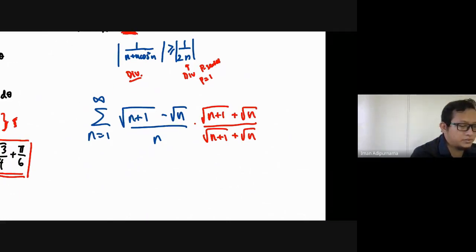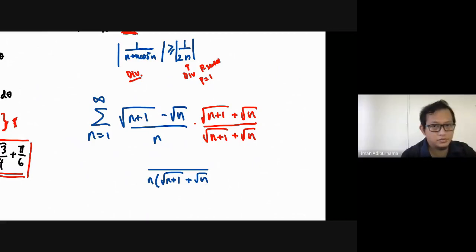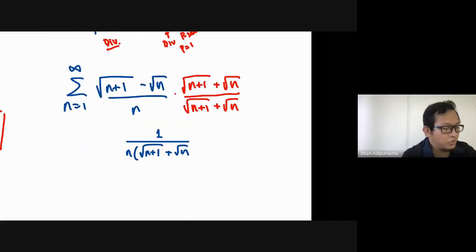When we do this, we get rid of the square root on the top, and the bottom will be just this. So this is just only 1. Now this is our new form.